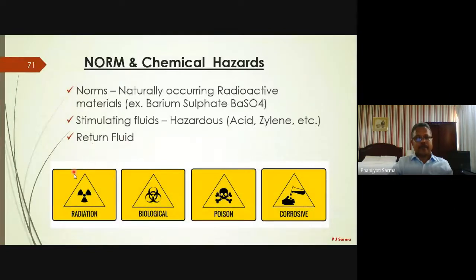So this creates radiation. This is a biological hazard. This is poisonous as well as corrosive. So we need to understand the hazards associated with the well fluid and the hazards associated with the treatment fluid.